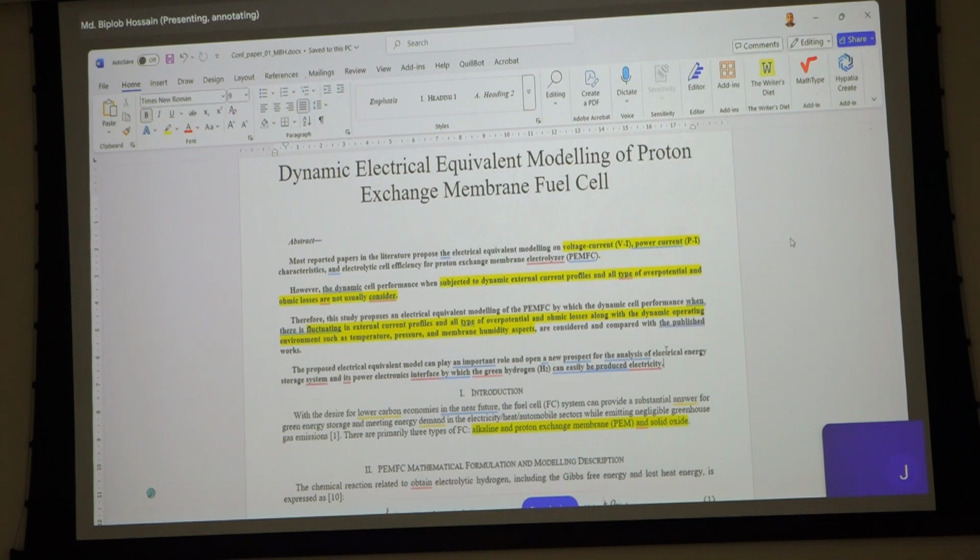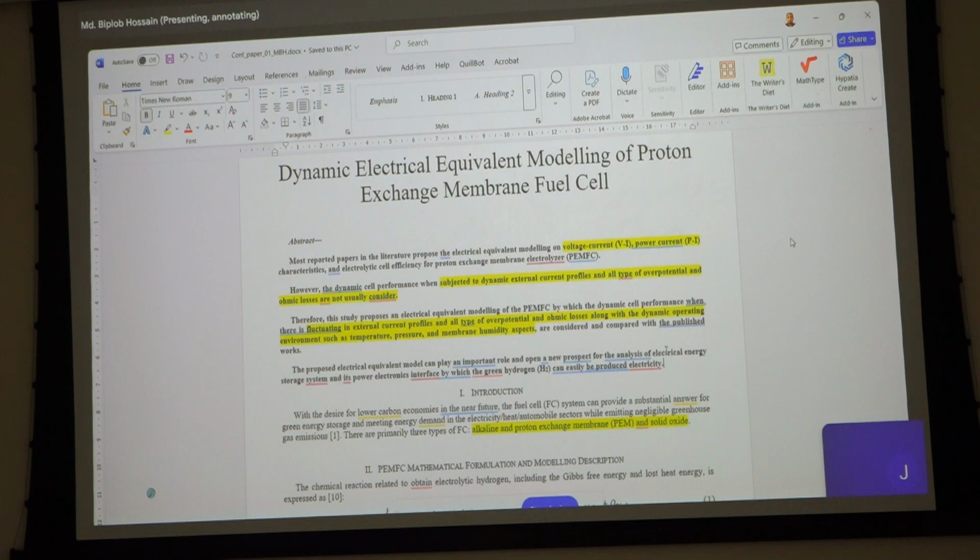But if we are focusing on renewable based power systems, then PEM, that means proton exchange membrane, is the best candidate because it can adjust its output current profile very quickly as compared to other candidates like alkaline and solid oxide.